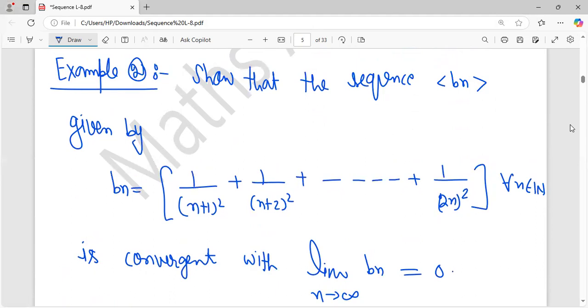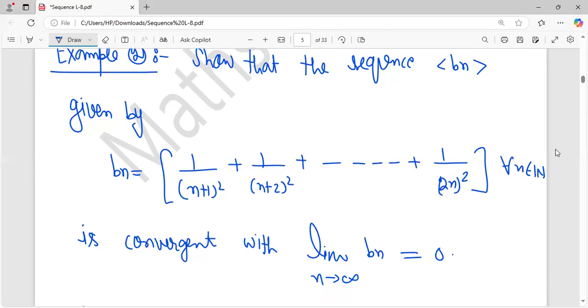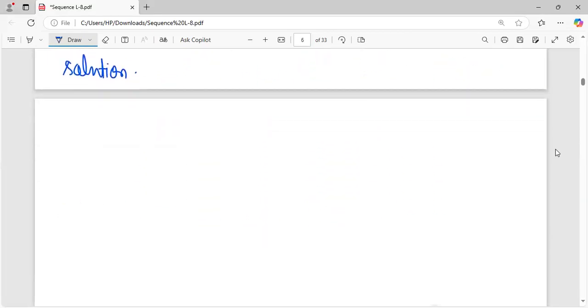So let's see. The example is given like this, and we have to show it is convergent and its limit is 0.